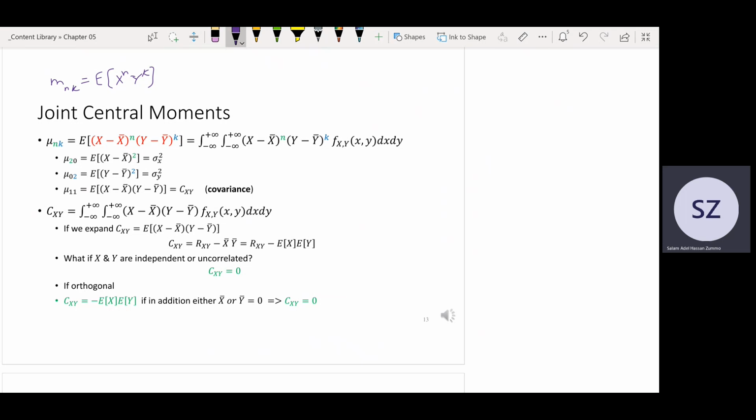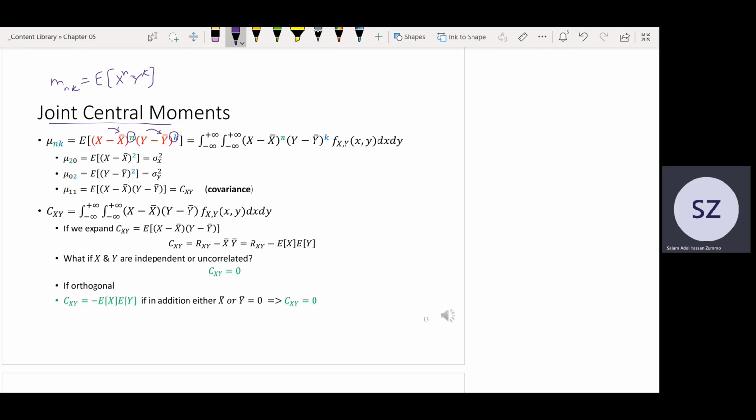Now, similarly, we talk about the joint central moment. Central means that we subtract the mean of x and the mean of y before raising to the power. Similar to what we have done in the central moment for x only.